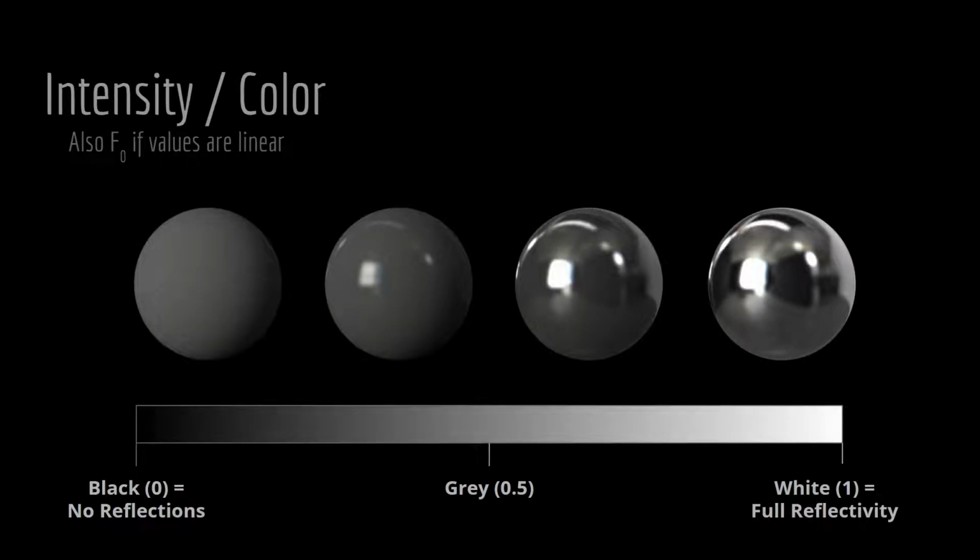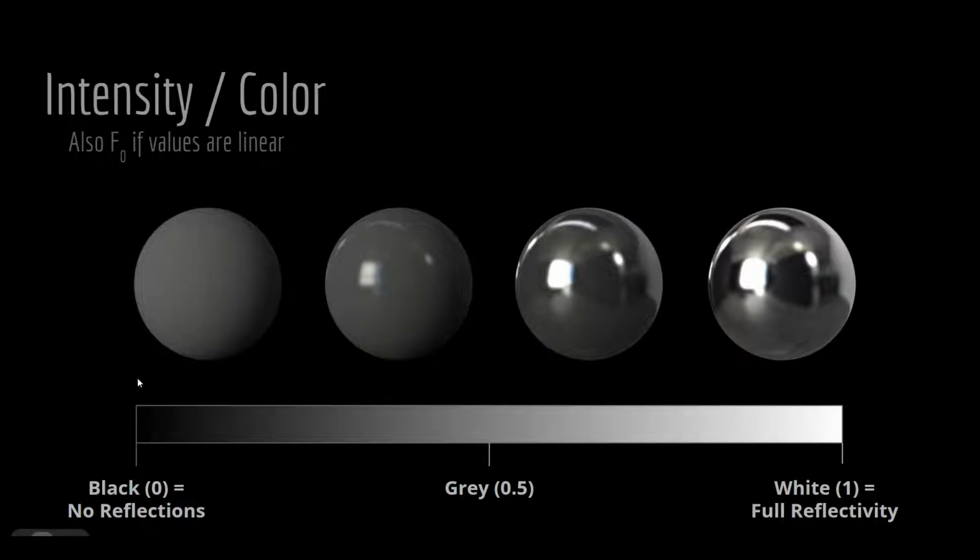Here we can see that concept illustrated on a material in RenderMan. So on the left-hand side, my intensity or color values are black or 0, which means no light is being reflected as specular. And then you'll notice as I increase the value or the brightness of my reflections, we're almost fully reflecting all light. So all the way at white, we're reflecting all light as specular reflections.